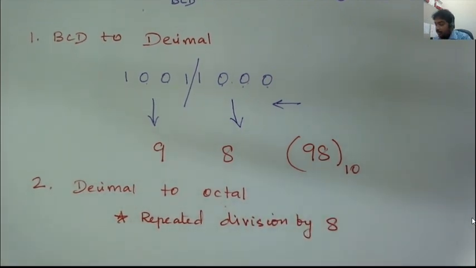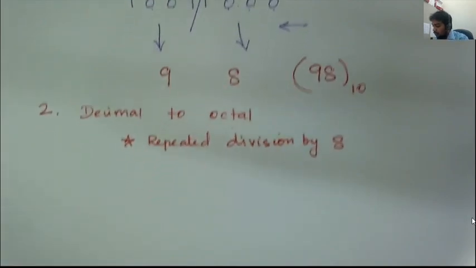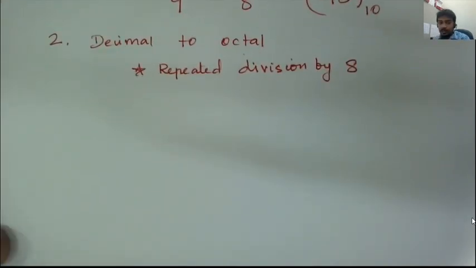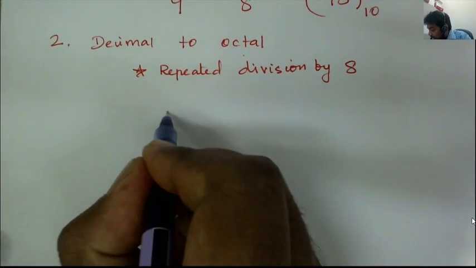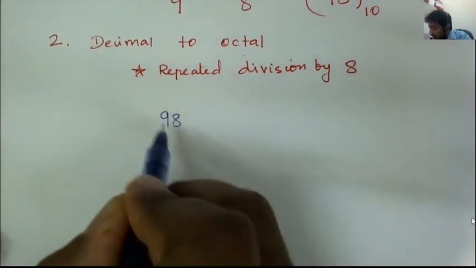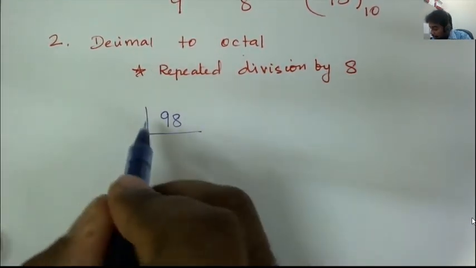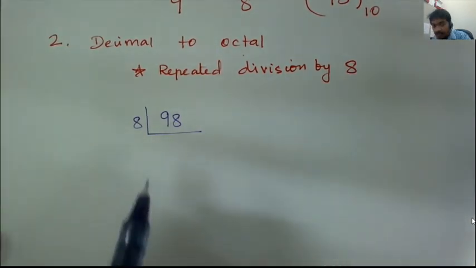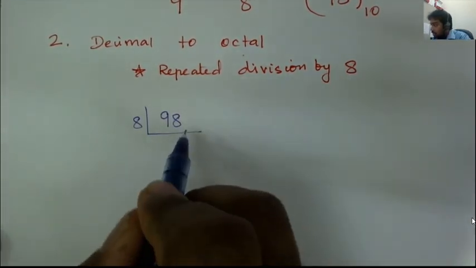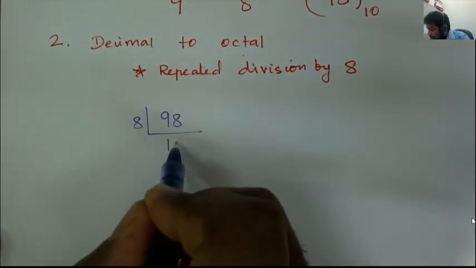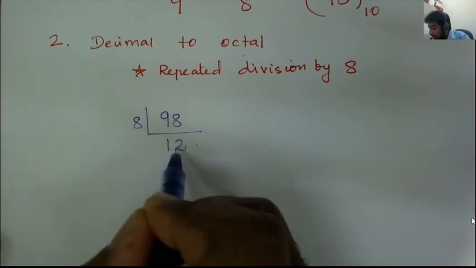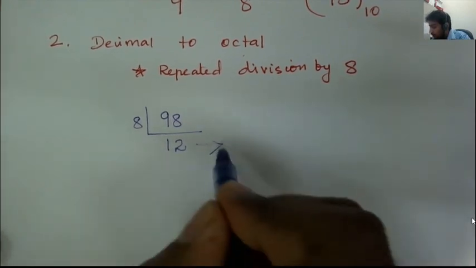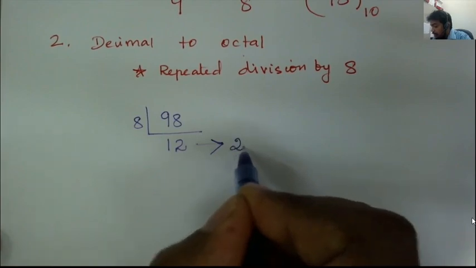This is the method you are going to use for converting a decimal number to an octal number. So we divide 98 by 8 repeatedly. The first quotient will be 12, and the remainder will be 2.